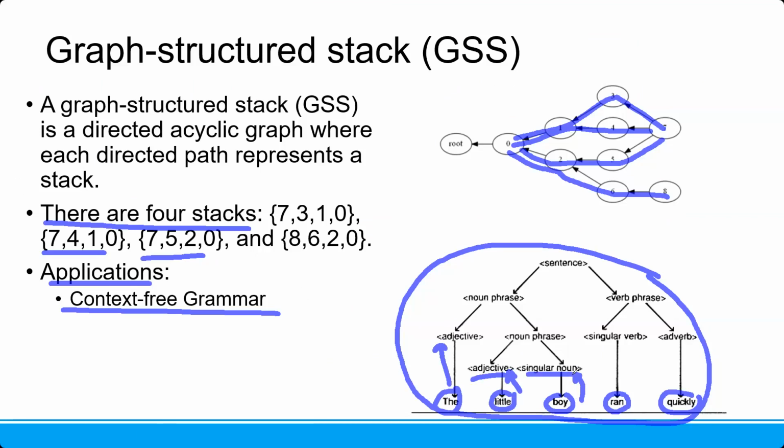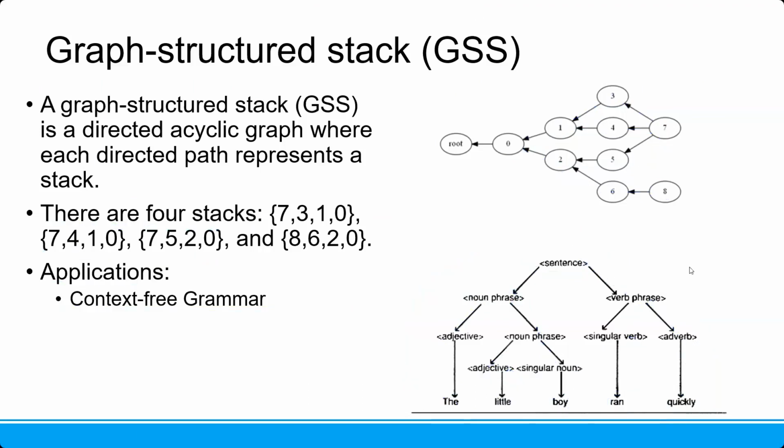The adjective with the singular noun represents a noun. Then this also represents a noun. This is a verb. This is an adverb. This represents a verb, and it creates that. So we can use this kind of graph to make another word or another sentence. Some of the GPT models also use this kind of graph problem.